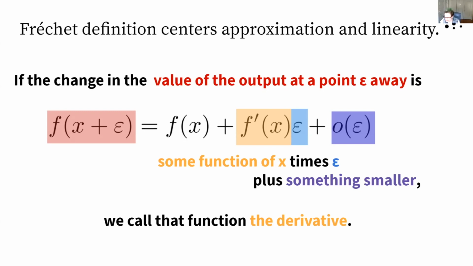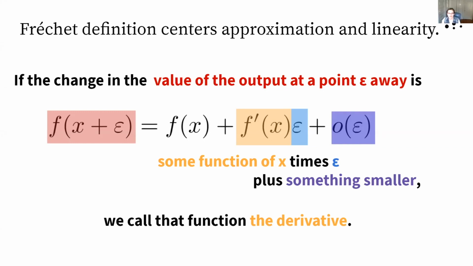And the second thing that's different about this definition is that instead of the limits appearing explicitly, we've hidden them away in this last little term highlighted in purple, the little o of epsilon. We'll talk a lot about what exactly that term means, but the nice thing is that, very loosely and intuitively, it just means something smaller than epsilon.